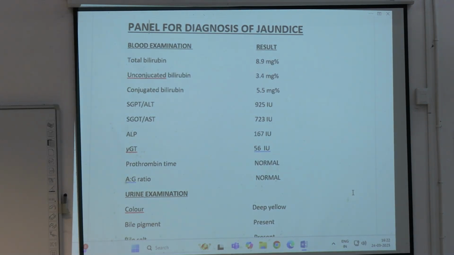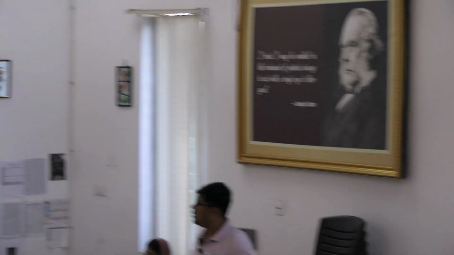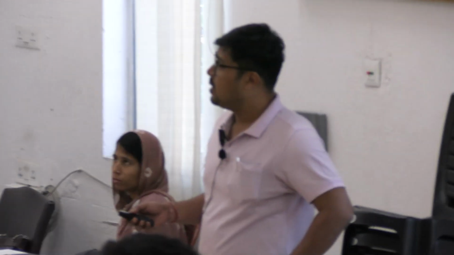SGPT or alanine transaminase is 925 international unit, that is hugely increased. SGOT or aspartate transaminase is 723 international unit. ALP or alkaline phosphatase is 167. Gamma GT 56. Prothrombin time normal.